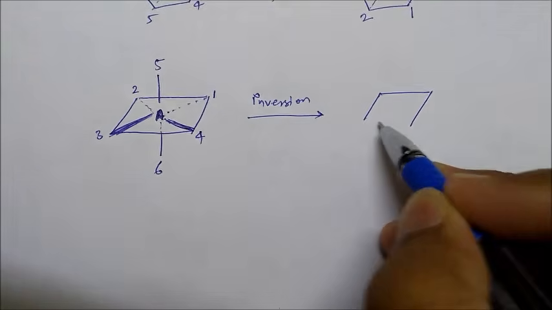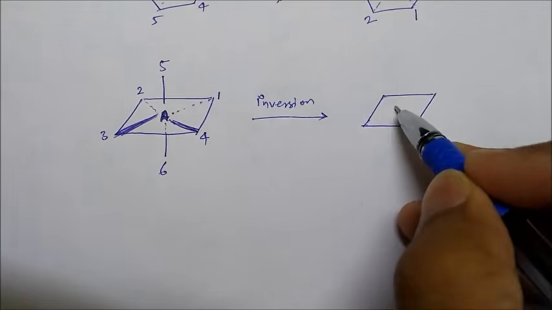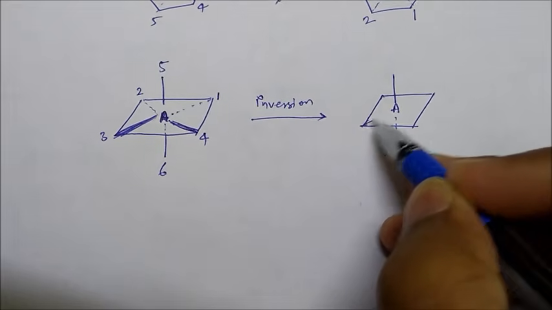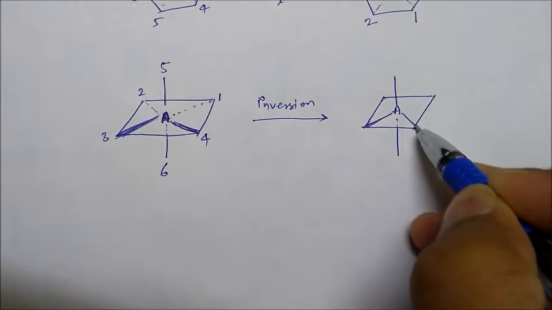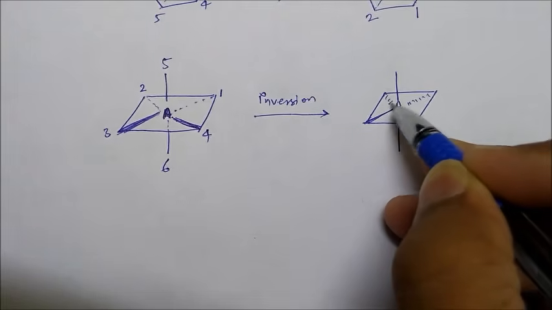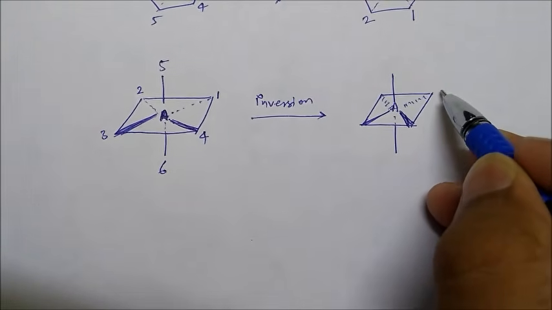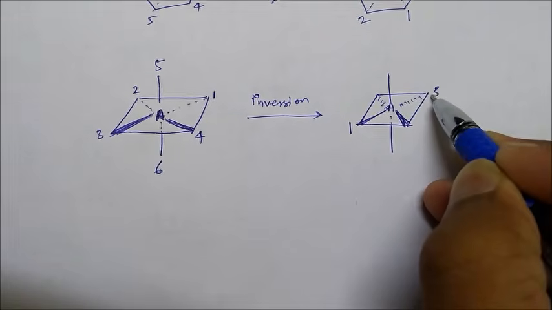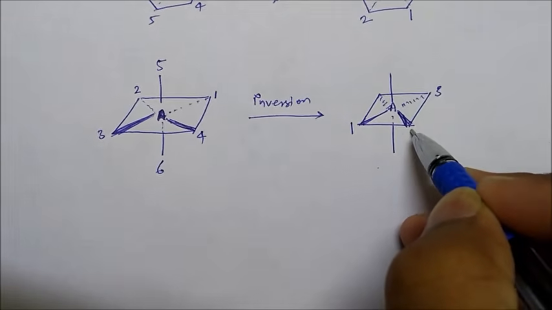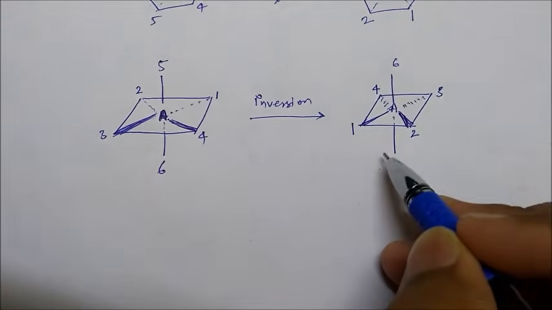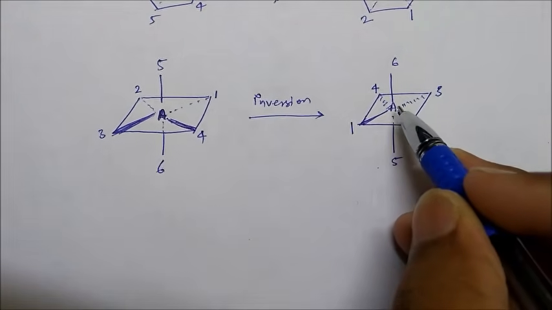If I do this operation, A will be here only, and first I'll draw these things. So 1 will be inverted from here to here, and 3 will go from here to here. Likewise 2 will come here and 4 will go here. Like this, 6 and 5 will also be inverted about this center.